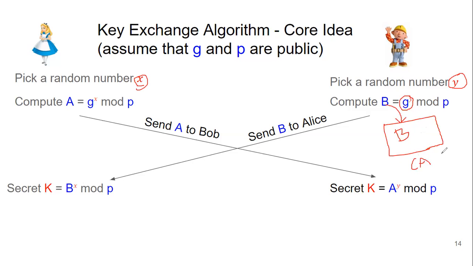The problem, as I said earlier, is that if Bob fixes his y and never changes it, and somehow his y gets leaked, then all of the recorded communication between Alice and Bob can be broken. All the attacker has to do is take capital A, which can change between every session.